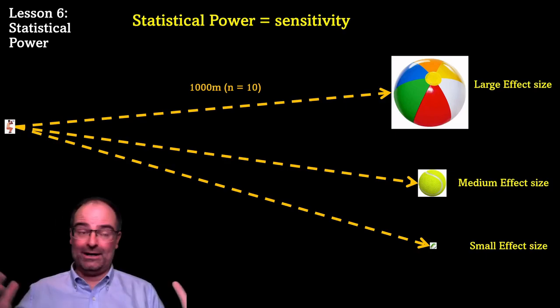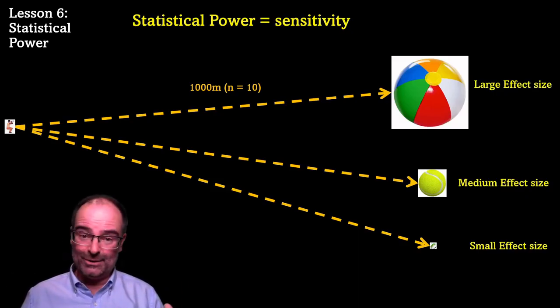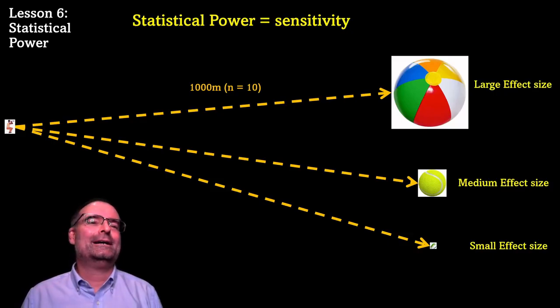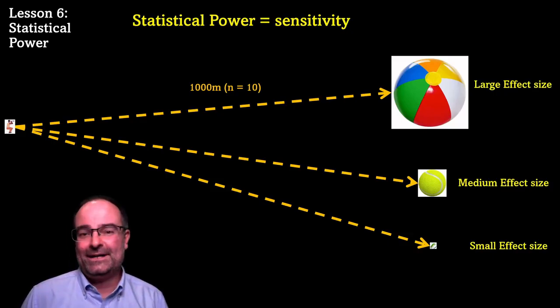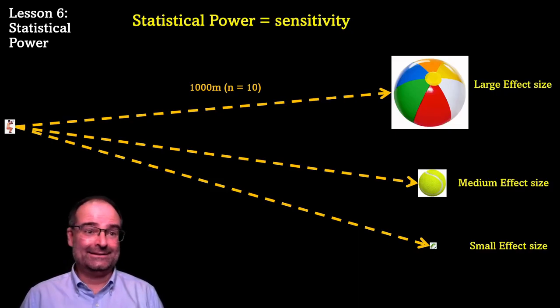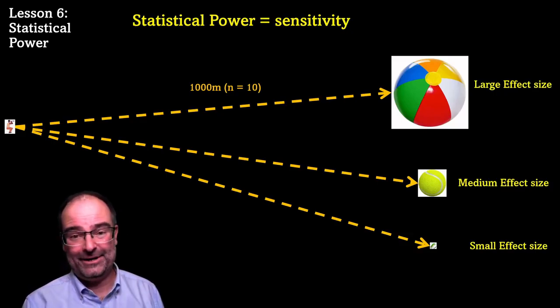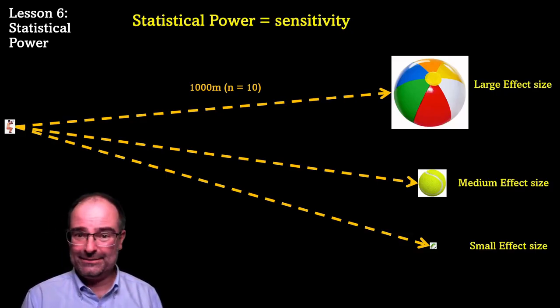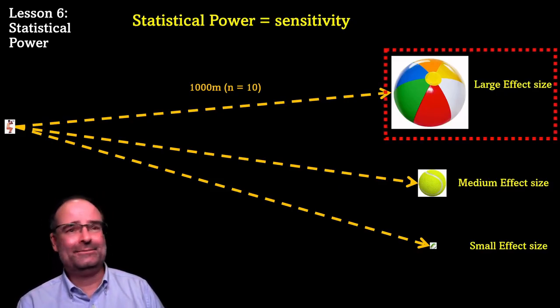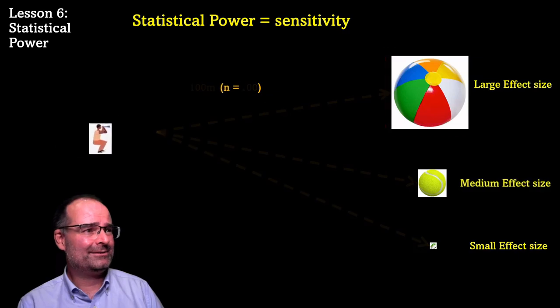Because beach balls are quite large, they're colourful, even a kilometre away, you're probably going to be able to see it. Highly probable. But you're most likely fairly underpowered trying to detect a tennis ball. There's a reason why they're yellow, but that's still very far away. And you're definitely not going to be able to see the marble. So underpowered for the others. You're only going to see the beach ball and nothing else.